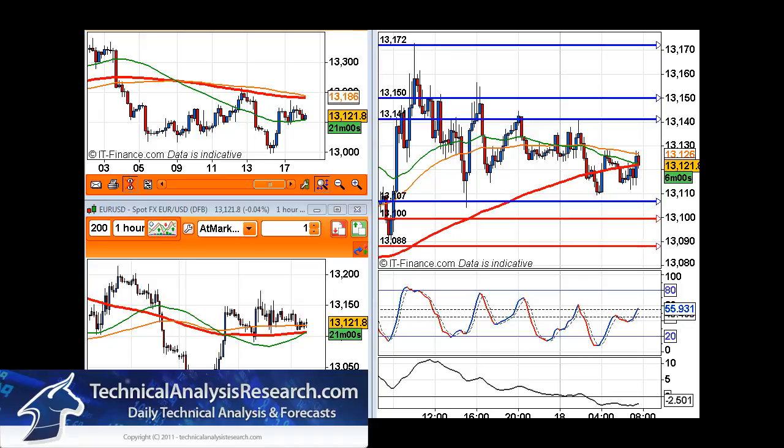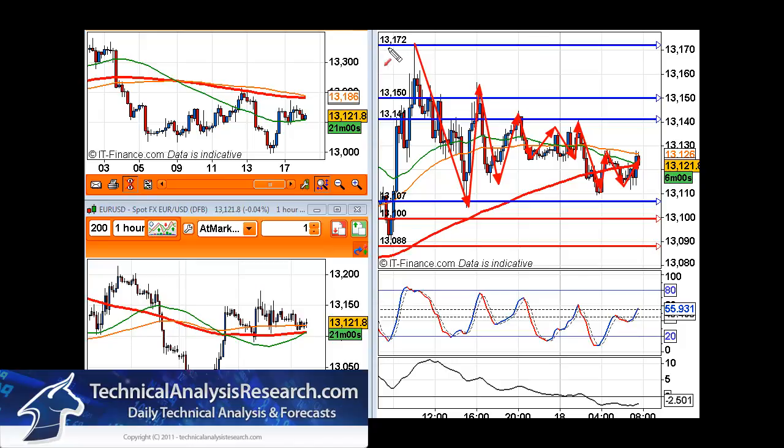He didn't really make any outrageous comments about the euro, so the euro has just pretty much been flat since then, and you can see it's just been getting worse during the Asian session. So not a great deal of price action overnight.